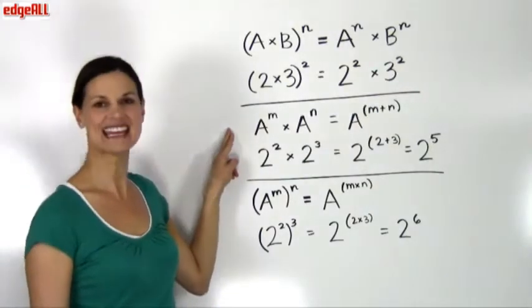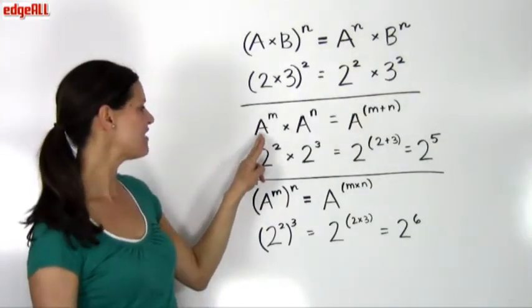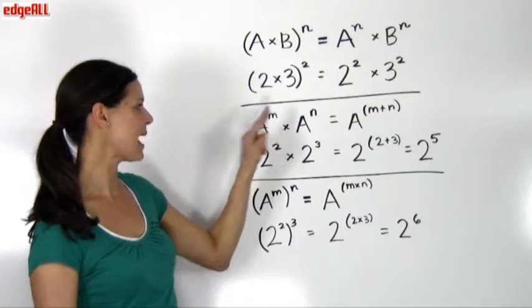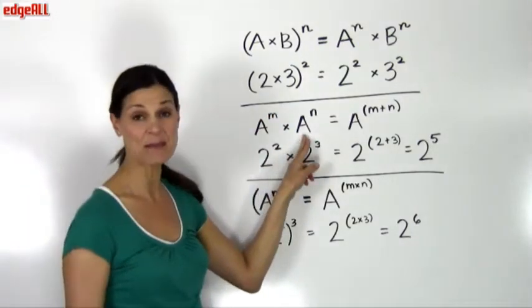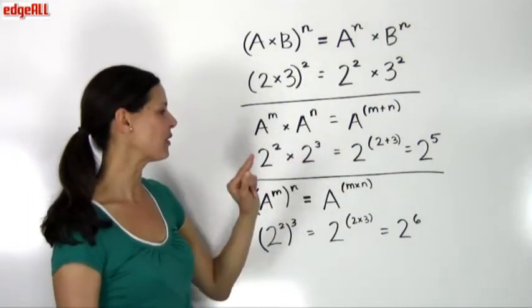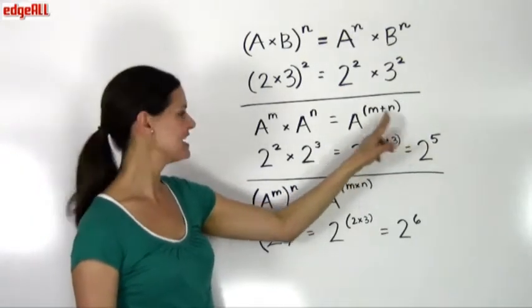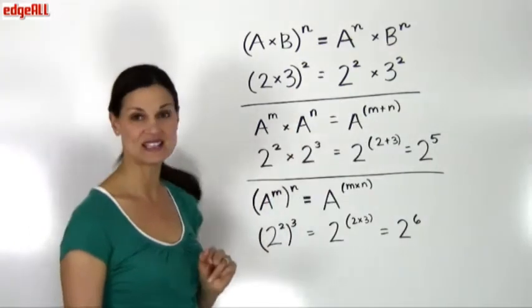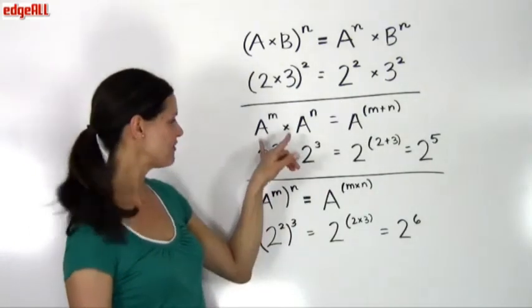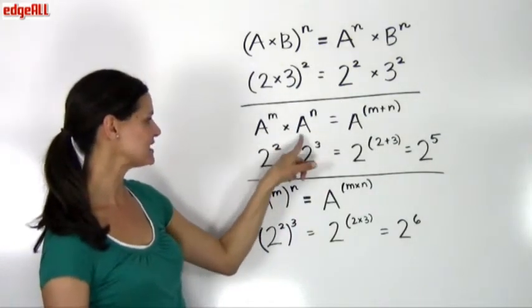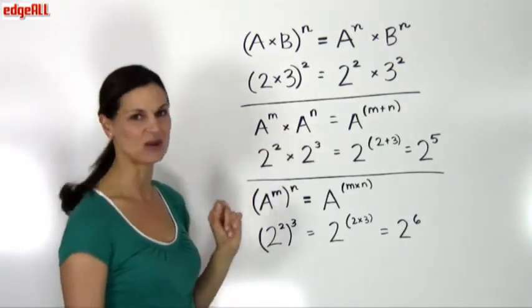With this second exponent rule, if I have a number to the m power times that same number to the nth power, then it equals a to the m plus n power. So I simply add the two exponents together if my bases, my numbers a, are the same and I'm multiplying.